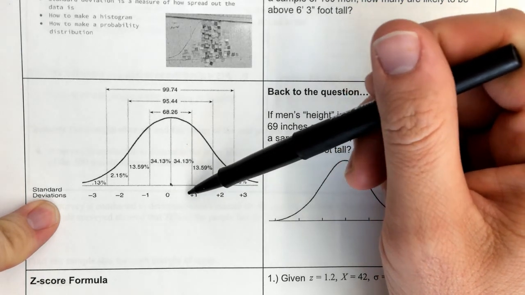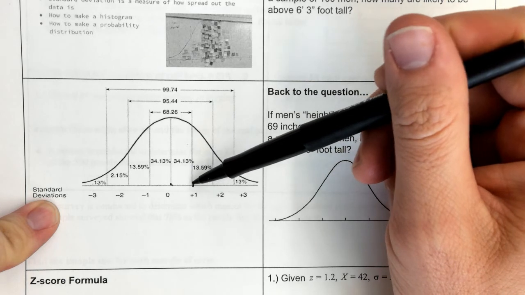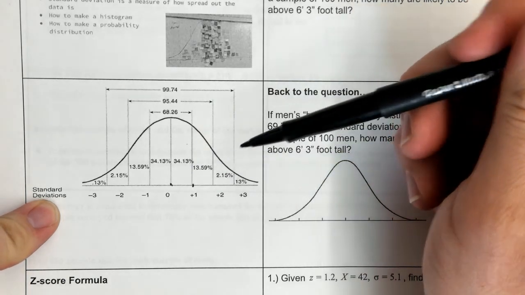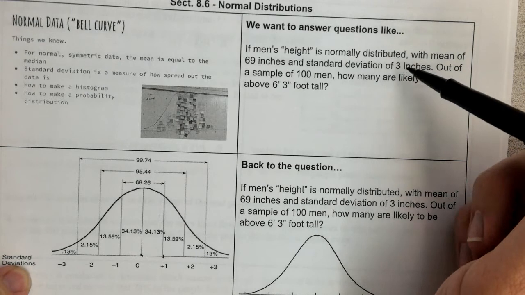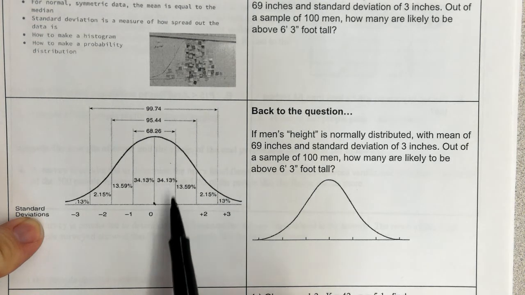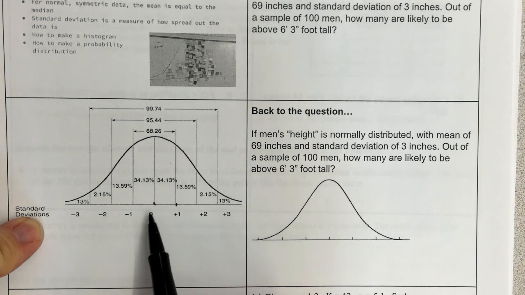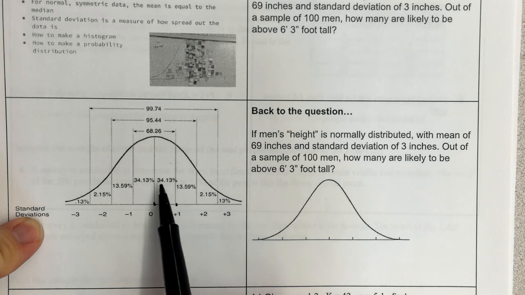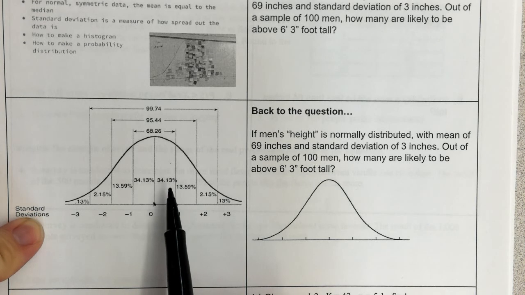Whatever value is 1 tick mark to the right is 1 standard deviation to the right. So if the average in our example was 69 inches, then 1 standard deviation to the right would be 72 inches. What that means is that from 69 inches to 72 inches, 34% of men will be between those heights, from a random sample.